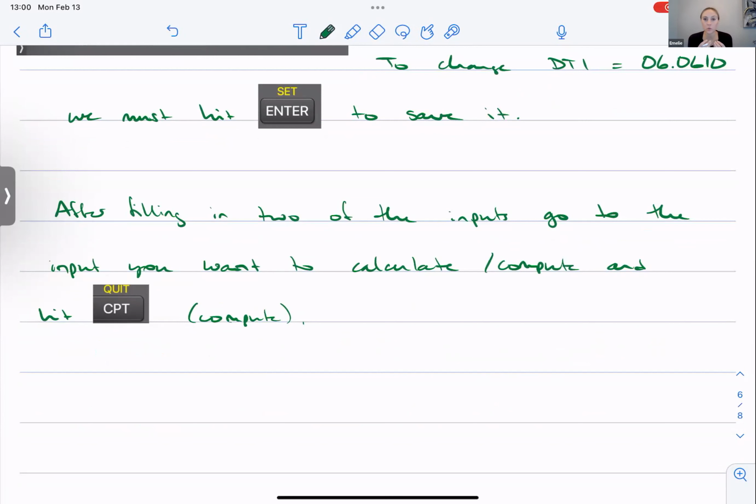In terms of your work, I always find that it's easier if I can just show that this is the one I calculated. So to show that there's a value that I've calculated or computed, I use a little star.